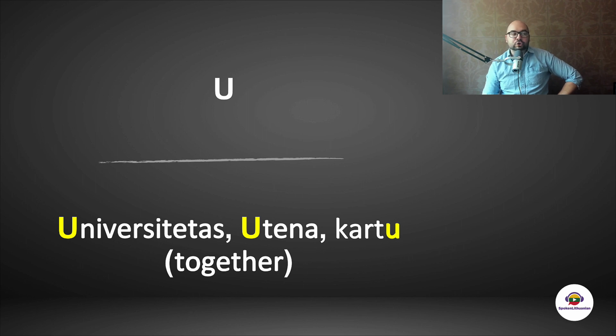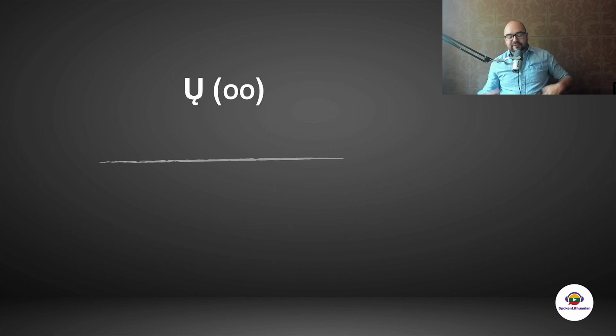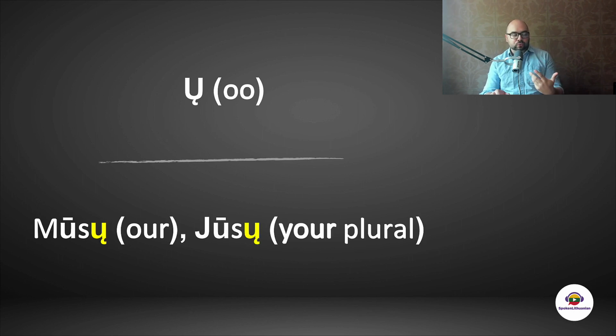No, kartu. Utena. Universitetas. And it's not you either. So it's a different kind of sound from the versions that we have in the English language. Now we have the nasal U. That would be like mūsų, our, or jūsų, your, plural.